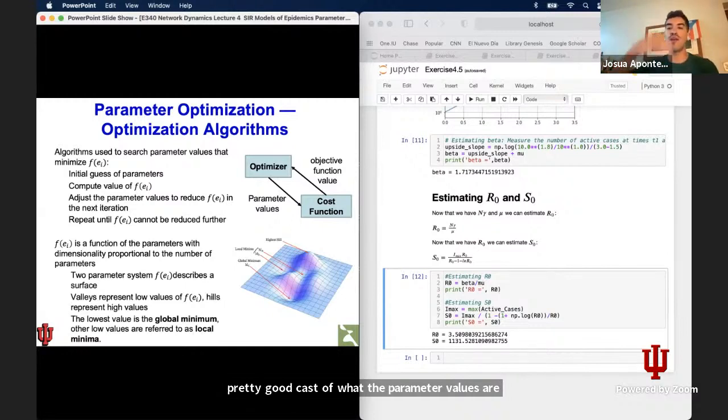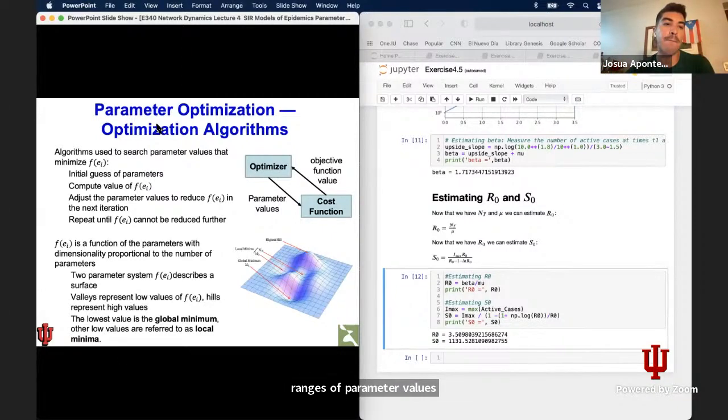So we will use a local optimizer to optimize the values of the parameters that we inferred. If, on the other hand, you have no idea what the values of the parameters are, then you might need to use an optimizer that is able to search wider ranges of parameter values and explore more combinations of parameter values.